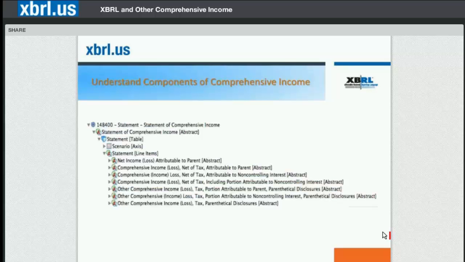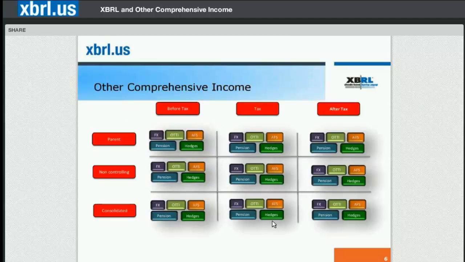The elements comprising other comprehensive income, or OCI, and comprehensive income are in UGT grouping 148-400. This shows the extended link or taxonomy grouping where the statement of comprehensive income is defined. Now, line items are the fact elements in that phrase from time to time during this session.